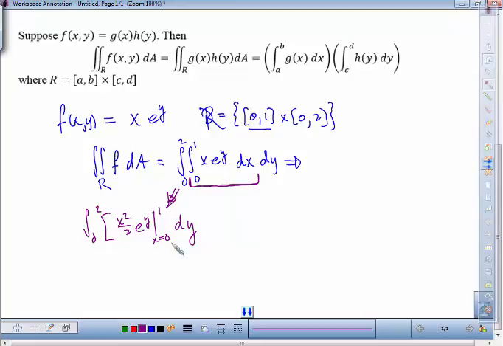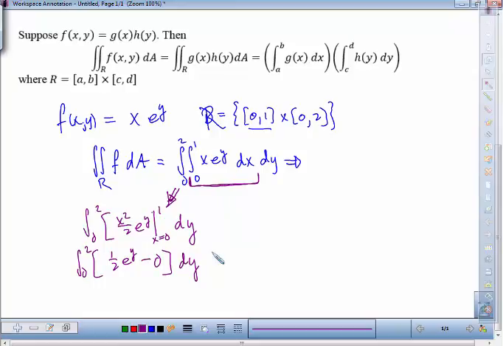If we put 1 in, we get 1/2 e to the y, minus 0 times e to the y. Then we integrate this with respect to y.